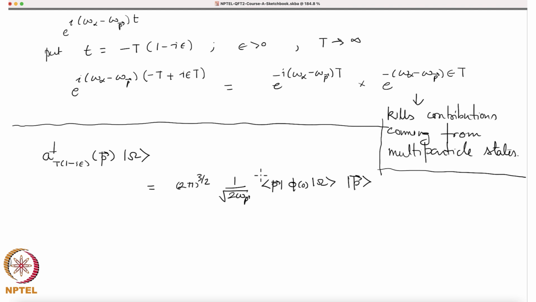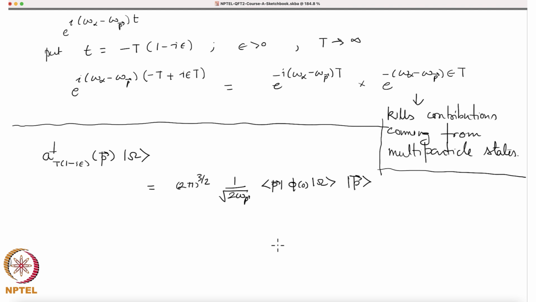Everything else is some number, in principle complex numbers, but then you have a single particle state here. So the goal has been achieved.